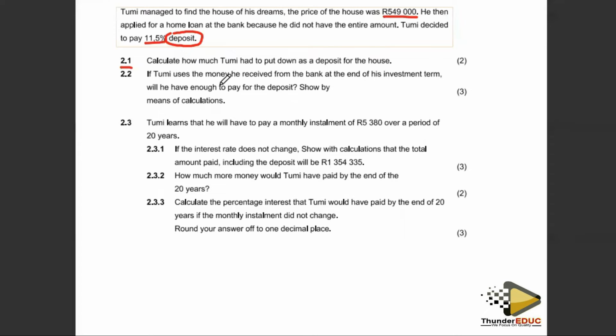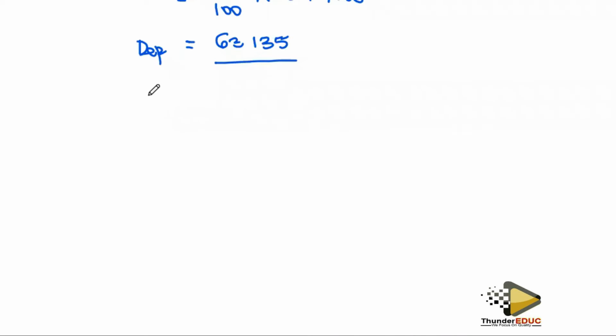All right, 2.2. If Tommy uses the money received from the bank at the end of the investment term, will he have enough money to pay for the deposit? Show by means of calculations. All right, we come back and say we're looking at 2.2.